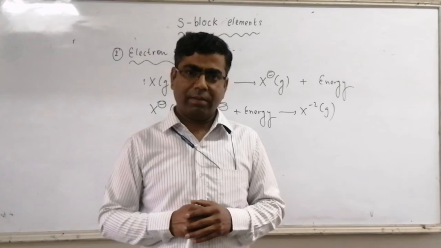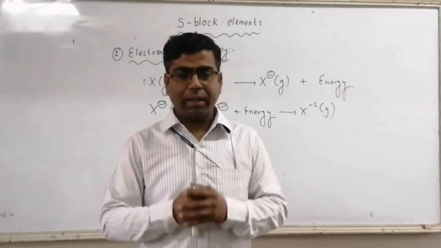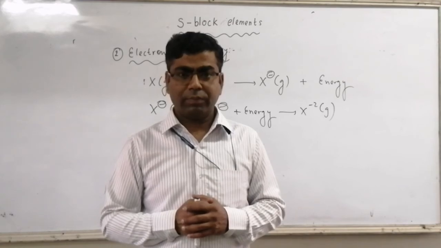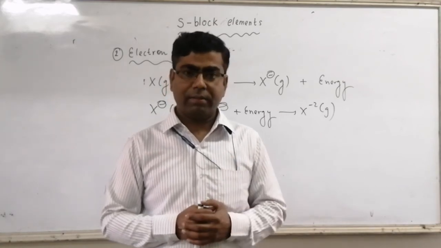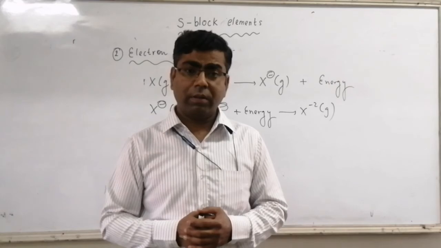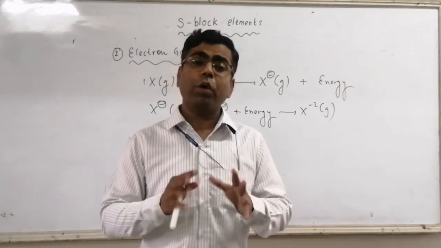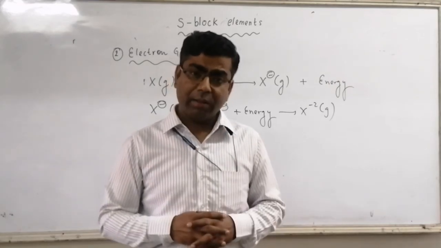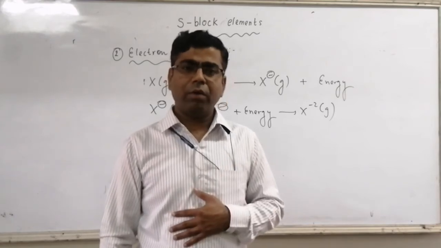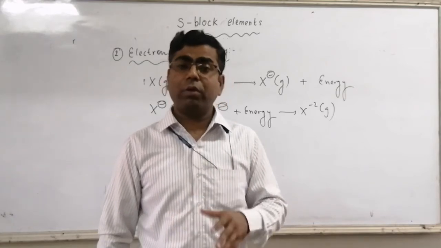Metals are not taking electrons, while non-metals are taking electrons. So non-metals have more value for electron affinity, or we can say they have a more negative value for electron gain enthalpy.